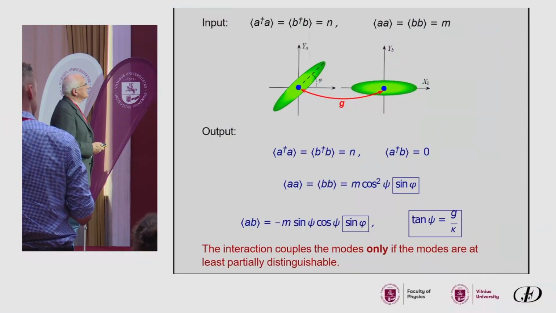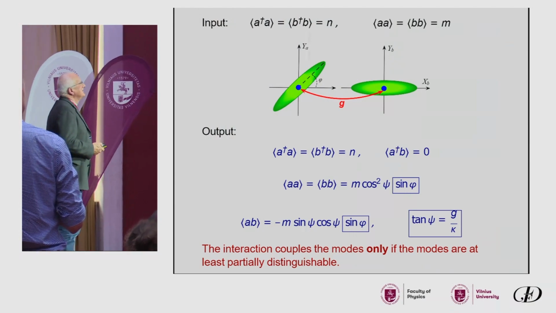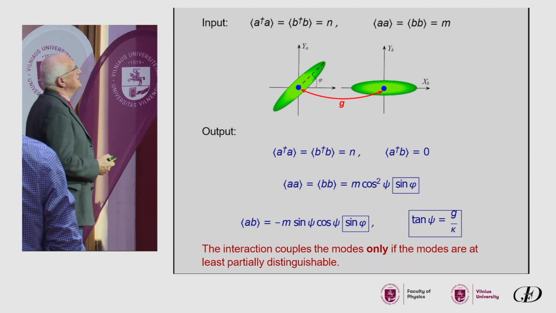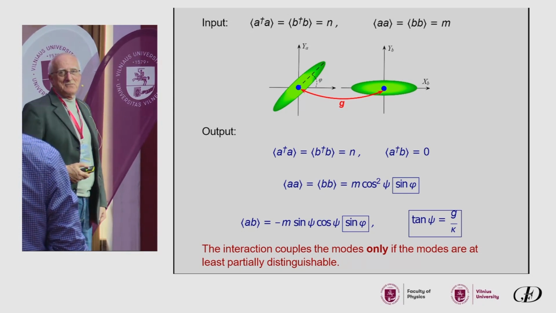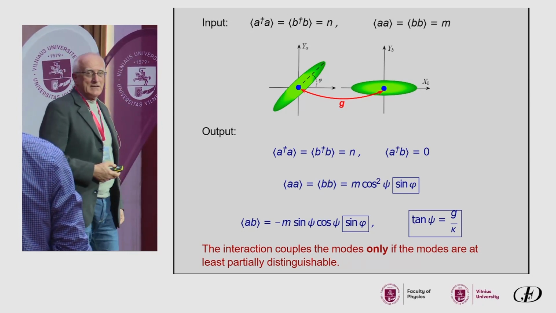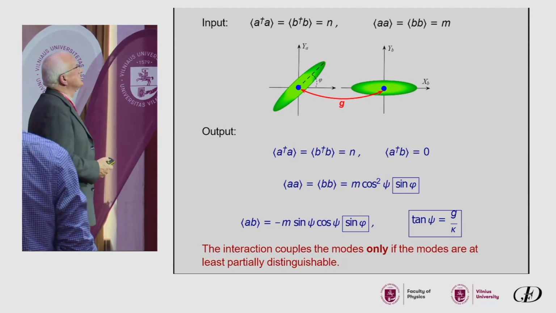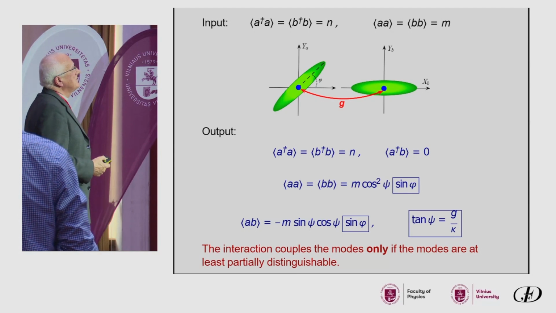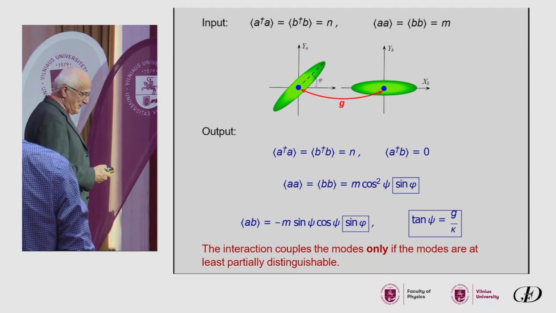And what the interaction is doing is transferring correlations from one to another, turning the squeezed modes into thermal states. What linear coupling is doing with two modes is always turning them to be equal.